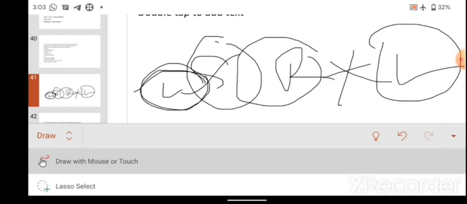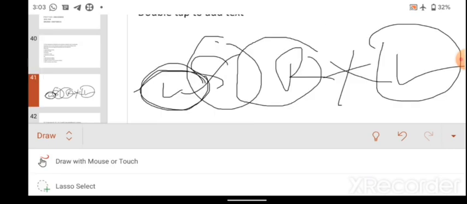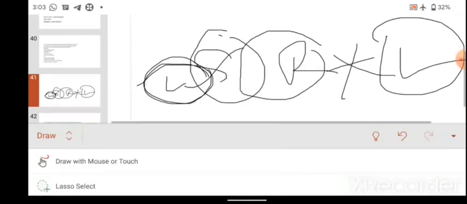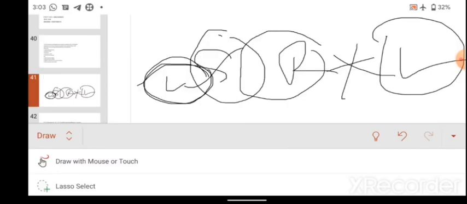So the first option is absolutely wrong. It is given that no stream is a lake, but streams can be lake. And the second conclusion is some rivers are streams. Yes, some rivers are obviously streams.